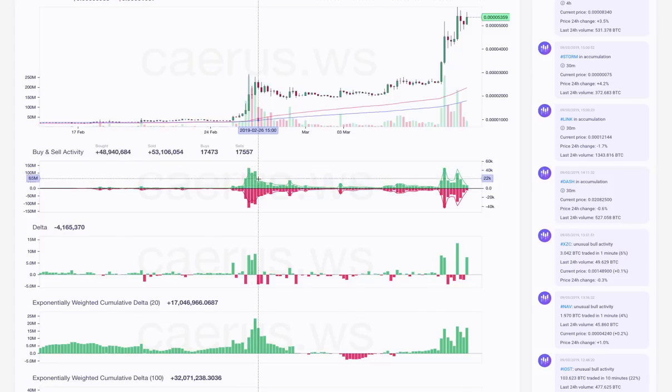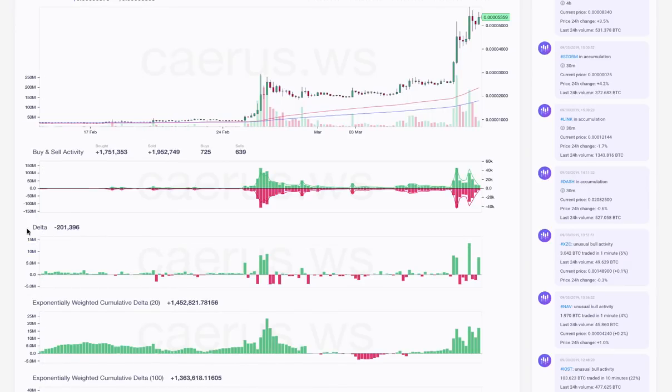The green bars are the total buys and the red ones are total sells. And the line demonstrates how many trades have been made, how many buy trades and how many sell trades respectively.